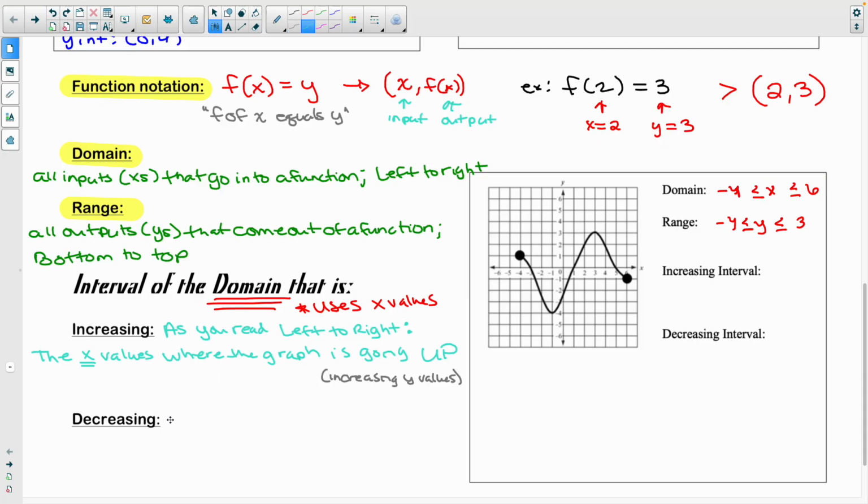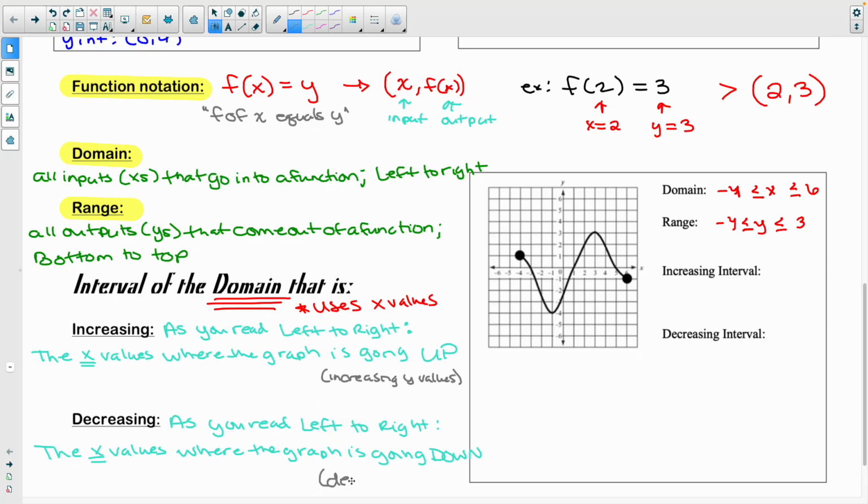So again, as you read left to right, the interval of decreasing is the x values where the graph is going down. So again, that is as the x values increase, the y values are decreasing.